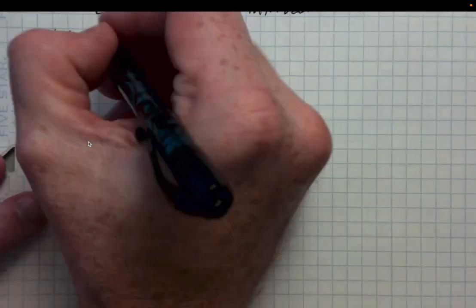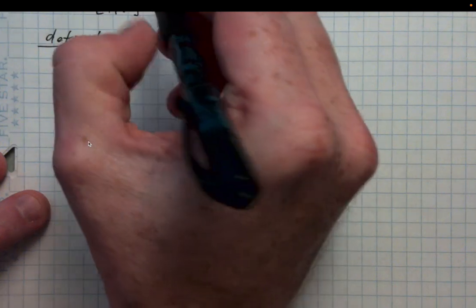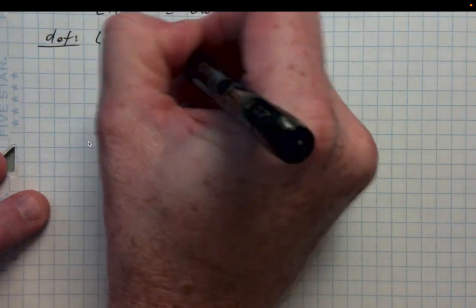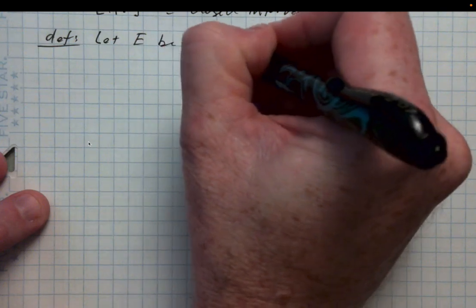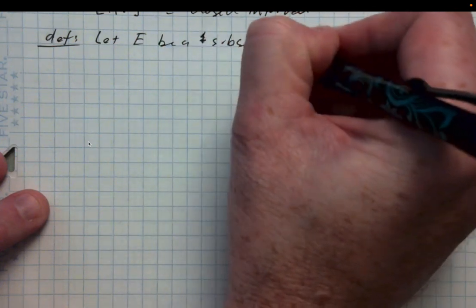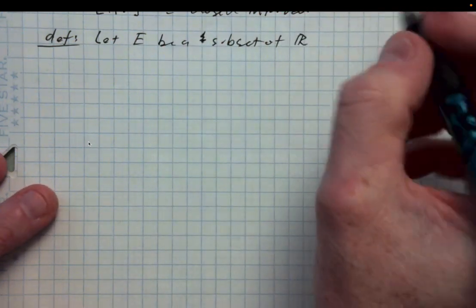Okay, so let's define that. We'll let E be a subset of R. So we're just talking about real numbers here. Obviously, this is real analysis. Let E be a subset of real numbers.